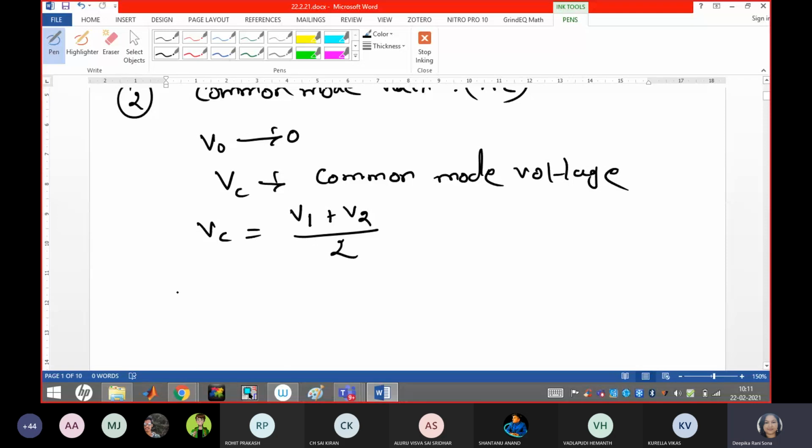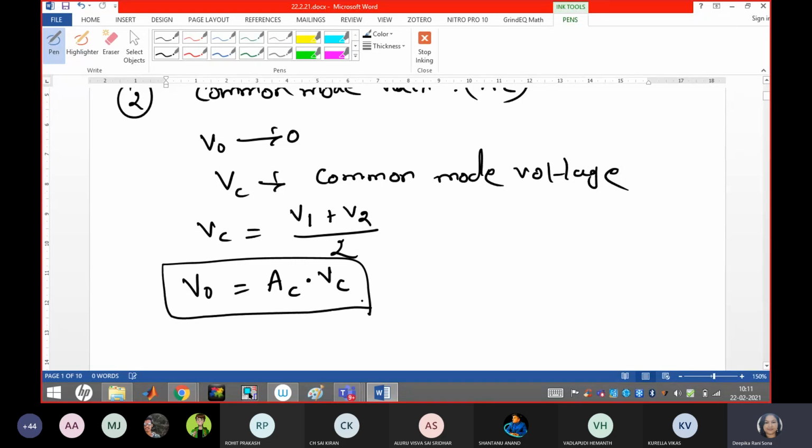So all in total, if I represent V0 in terms of the common mode gain and the differential gain, it is AD and AC, but the respective signals are also associated with them. As we wrote V0 equal to AD into V1 minus V2, here we have to add AC into VC, the common mode signal.